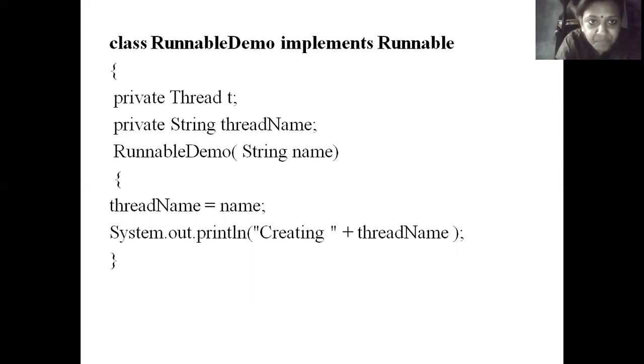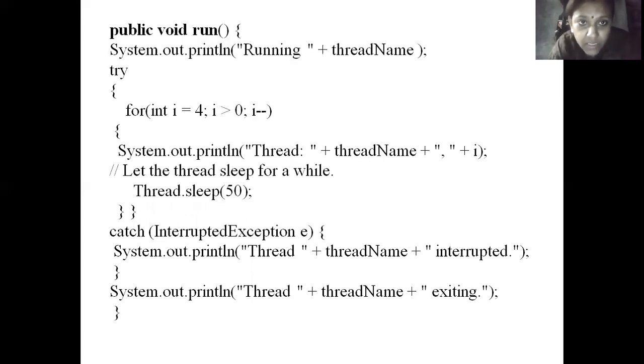Then is our run method. When it is created, then it will be in a running phase. For our better understanding, that will print System.out.println running thread name. That is how it's creating, and it will print creating the thread, then it will print running the thread.